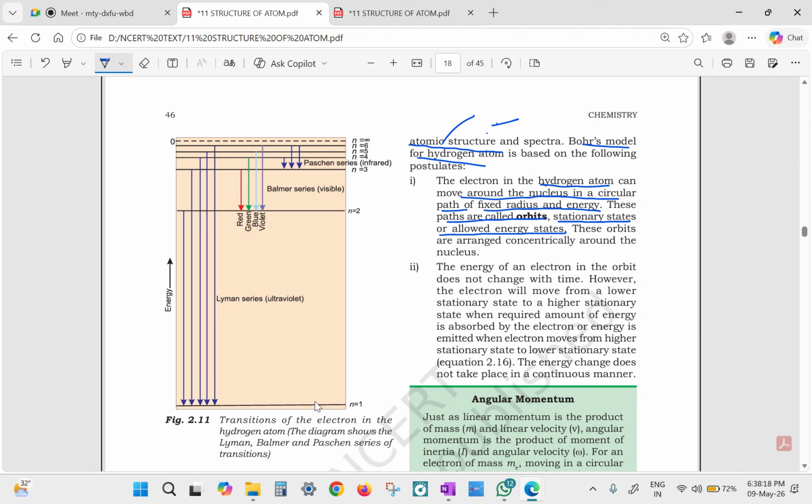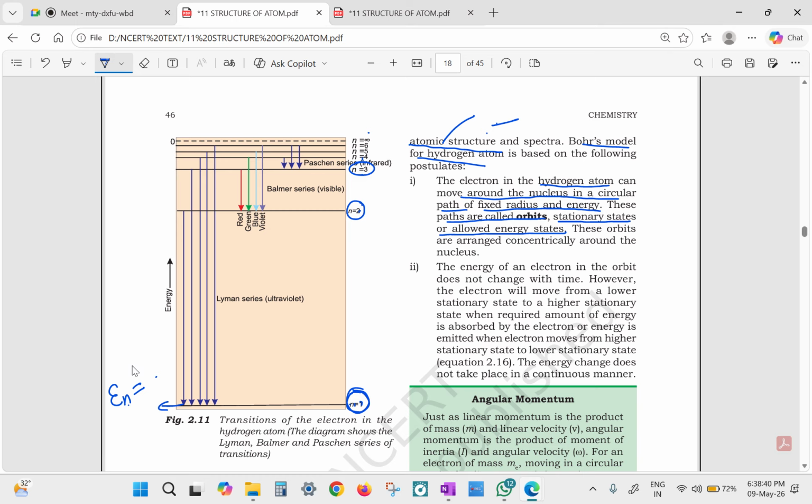That means an electron in hydrogen can be residing in n equal to 1. If not there, it can be in n equal to 2, if not there, n equal to 3, and so on. The moment you know the n value, its energy gets fixed.